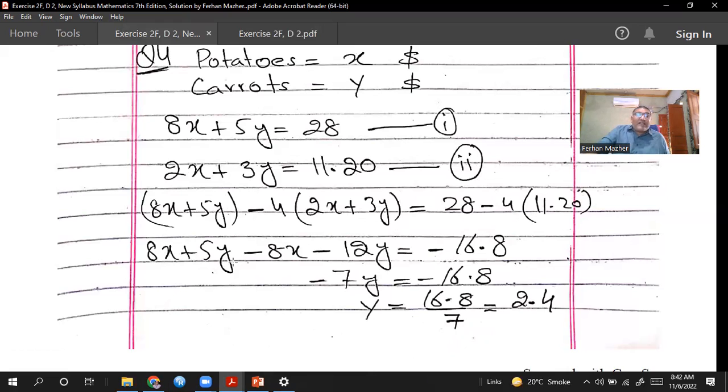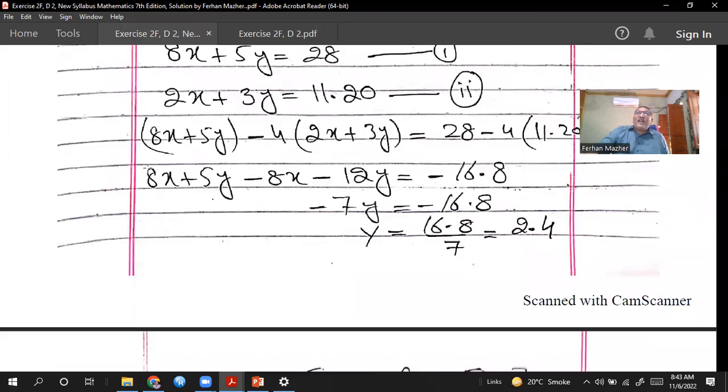So you will have 8x plus 5y minus 8x minus 12y equals minus 16.8. So this will be cancelled. So 5y minus 12y, that will be minus 7y equals minus 16.8. So y will be equal to 16.8 divided by 7, and that will be $2.4.